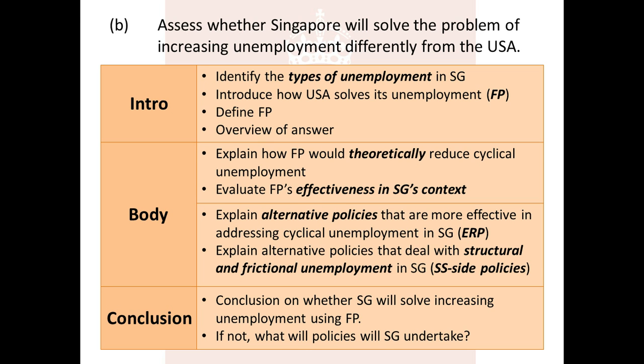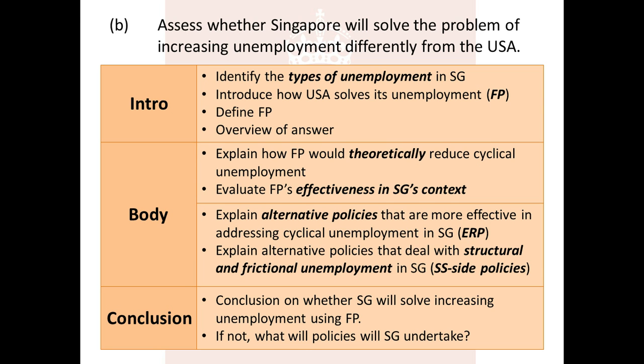In the body itself, we gave a theoretical discussion about how fiscal policy may be effective in reducing cyclical unemployment. This is your classic AD-AS diagram, which shows a rightward shift of AD due to the increase in G or the reduction in taxes.